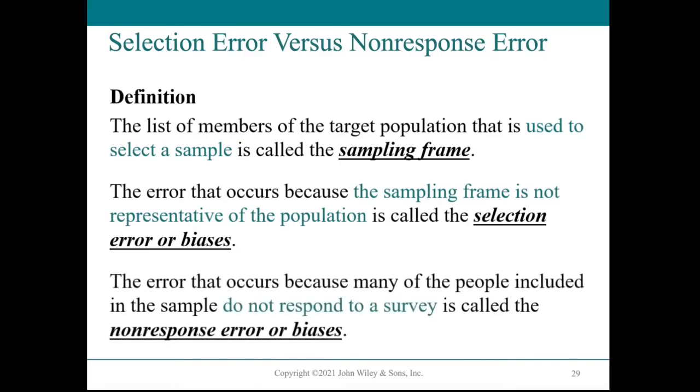The error that occurs because many of the people included in the sample do not respond to the survey is, of course, the non-response error or bias. That results in small sample sizes because they do not respond to the survey, so of course they are not included, and that leaves a smaller sample size.